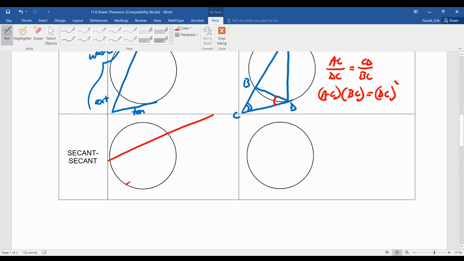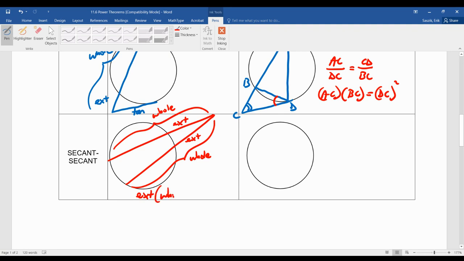One more. Okay, and this is called the secant power theorem. And just like I did above, I'm going to call this the external of that one, and then, of course, we have the whole. This is the external of this one, and, of course, we have the whole. The power theorem is going to be exterior times the whole of one secant equals the exterior times the whole of the other secant.